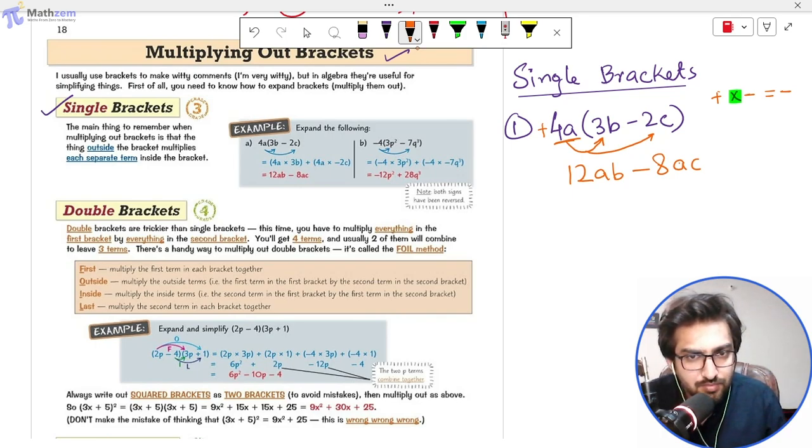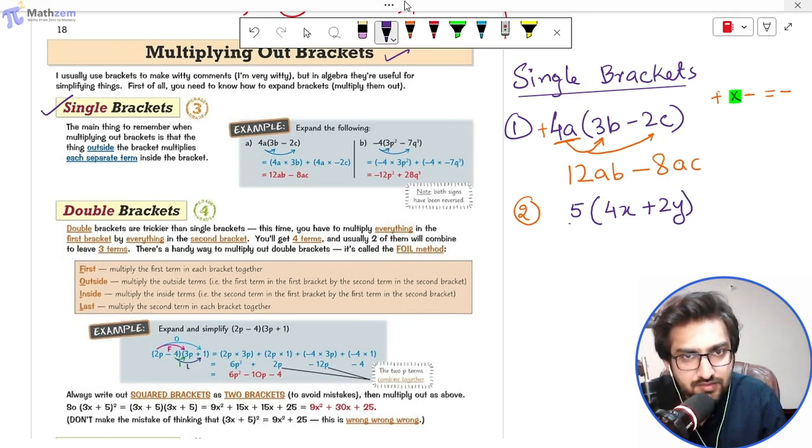Let's take another example. Example 2. So I'm writing now 5 bracket 4x plus 2y. So in this case, what you need to do, you need to multiply that 5 inside the bracket.